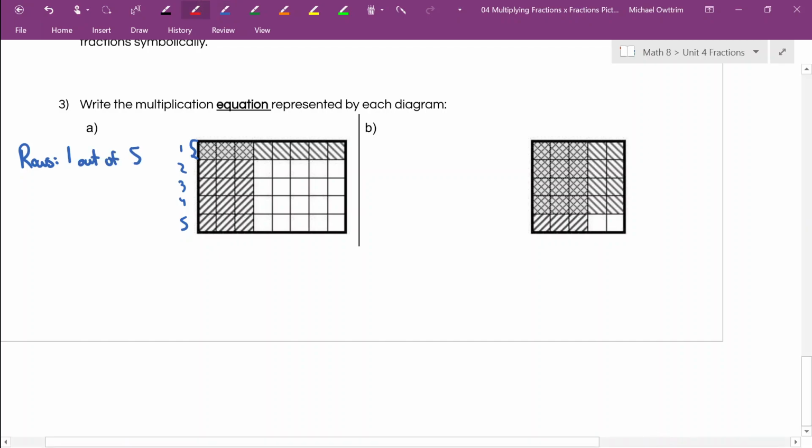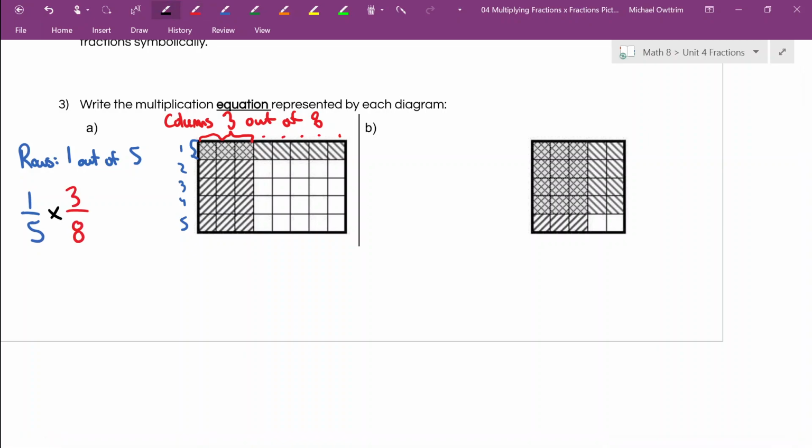And for my columns, I see 3 filled in out of 1, 2, 3, 4, 5, 6, 7, 8 total. And so my multiplication statement will be 1/5 for my rows times 3 out of 8 for my columns.